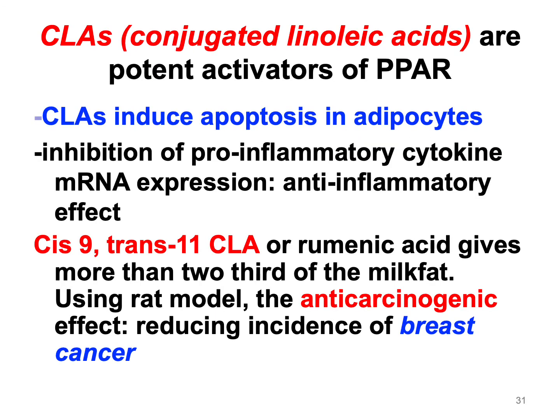What about the conjugated linoleic acids, which are a very typical metabolically active group of the linoleic acids? The conjugated linoleic acids are potent activators of the PPAR, peroxisome proliferator activated receptors.